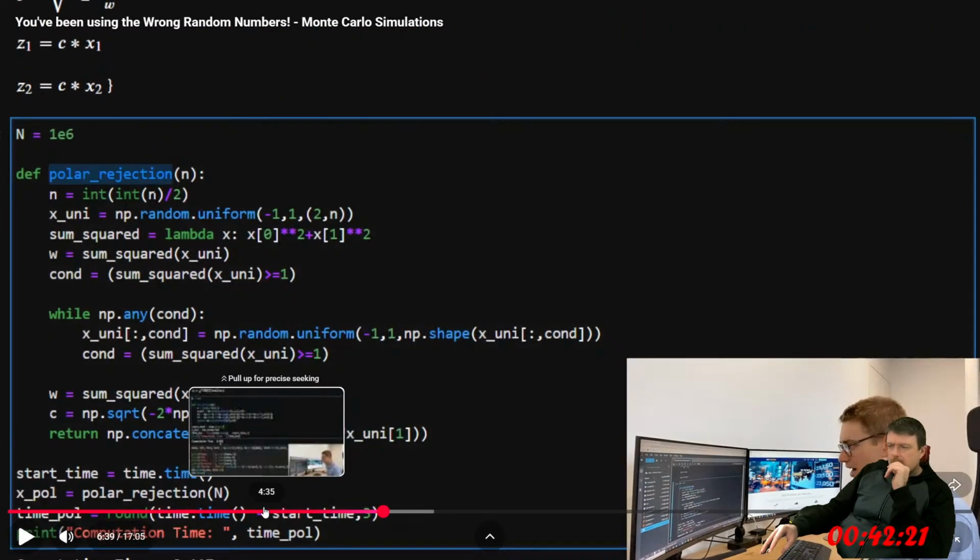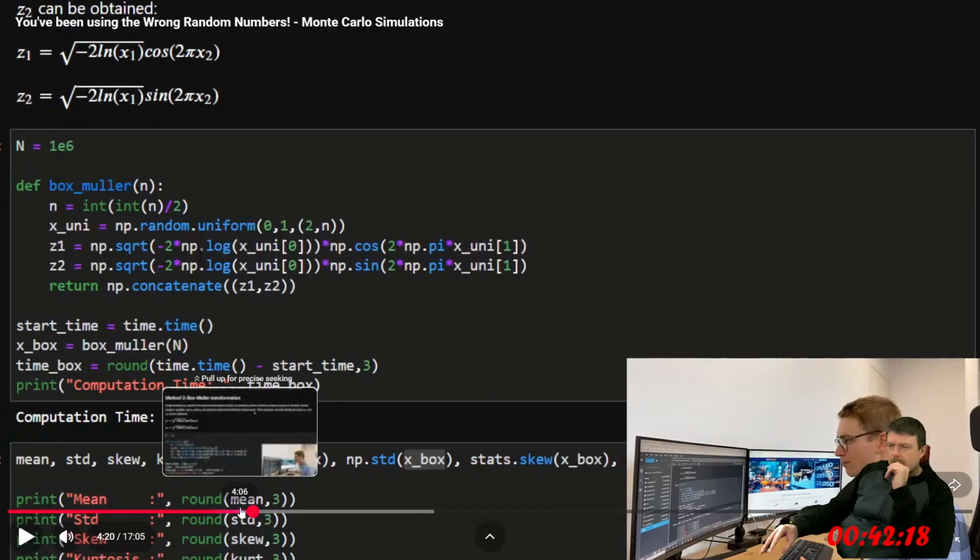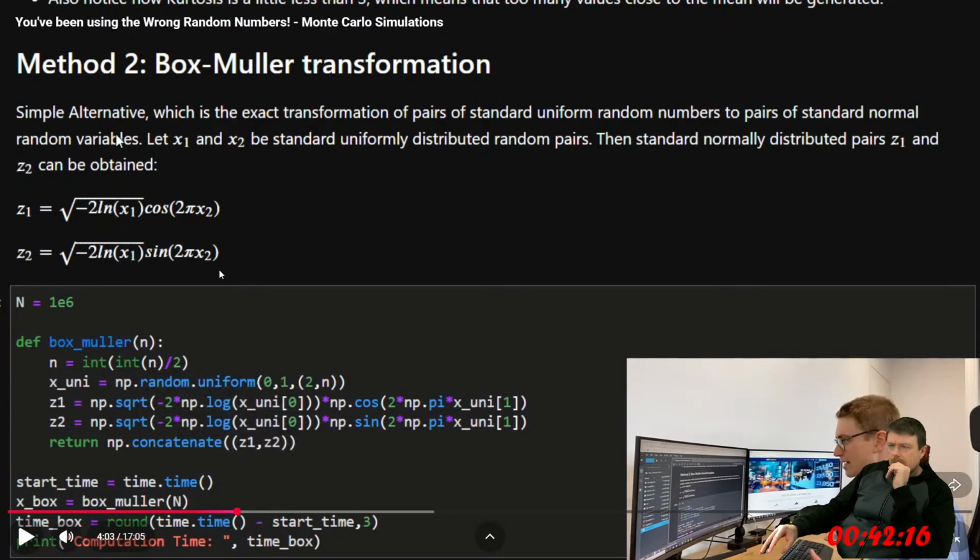And then did this one come back from that? Where'd that -2 come from? It comes from this. I don't think he goes over that, but 2 ln.